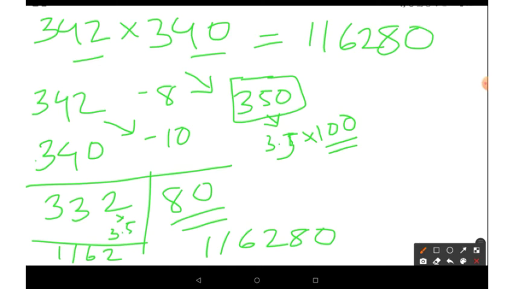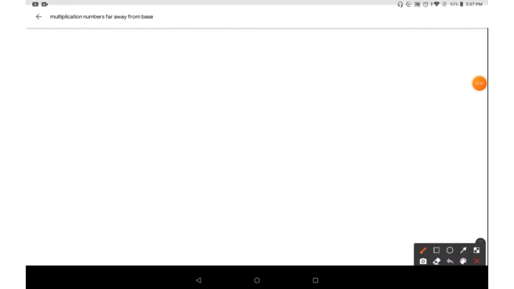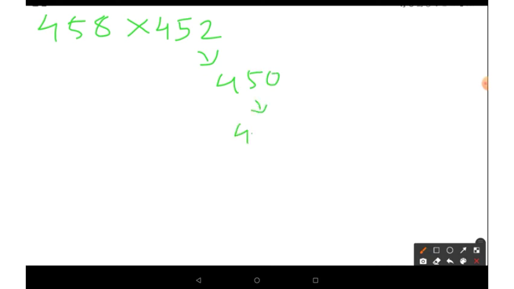Okay, so let's do another example. Your question is, you have to multiply 458 into 452. So we'll take the base as 450, and 450 you can write as 4.5 into 100.